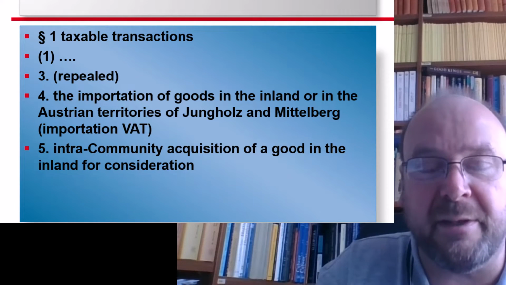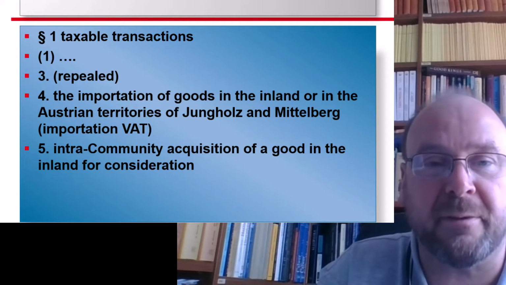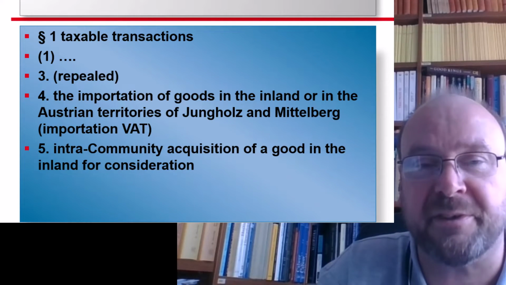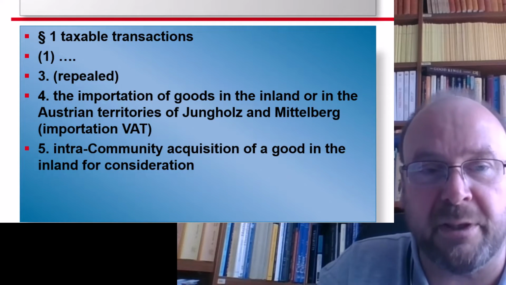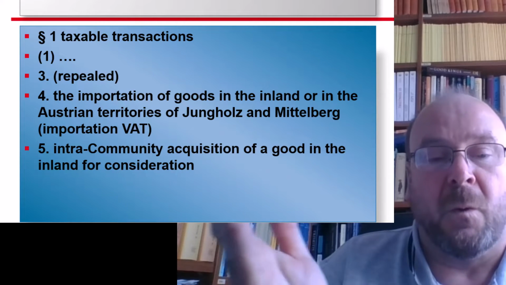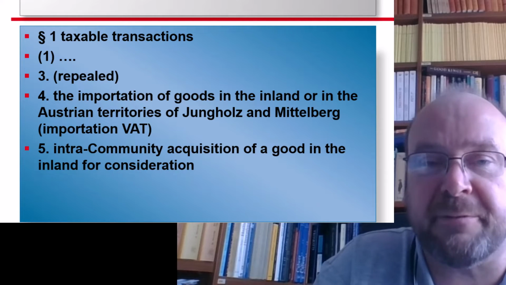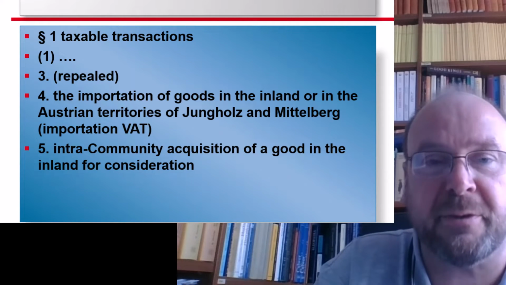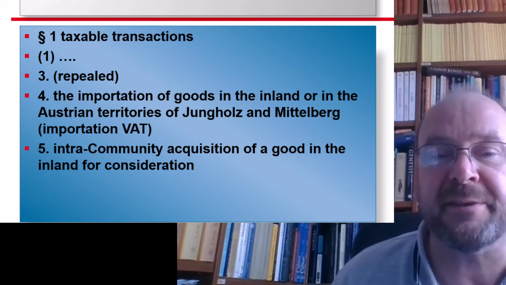But we need the legal confirmation of that. You can't expect from a person who reads the law just to guess what the law means or should mean. You need to write it down. So we need a rule in the Tax Act which says that we have to tax the acquisition of a good in that country where the good goes to and not where it comes from. So let's look for that.